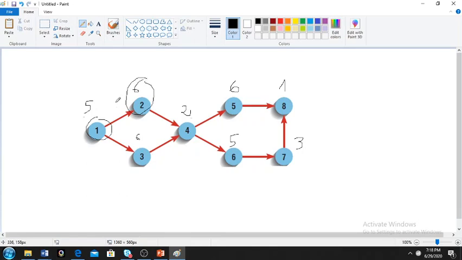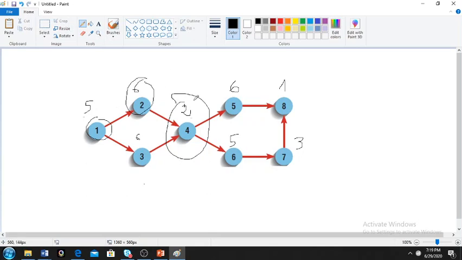We could also go here because they are the same, 6 and 6, but we better choose the alphabetic order. The theory of graph recommends that. Now we go here. You get that?